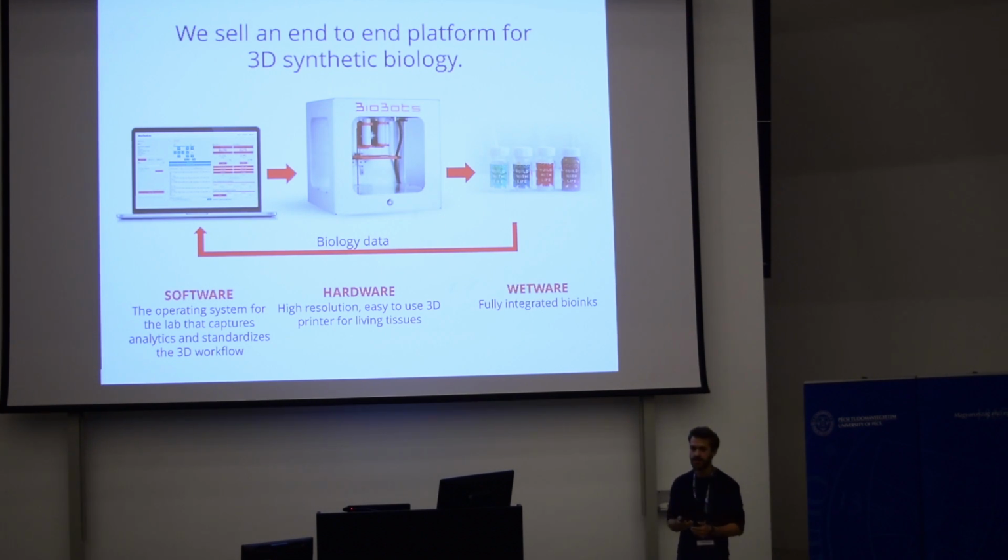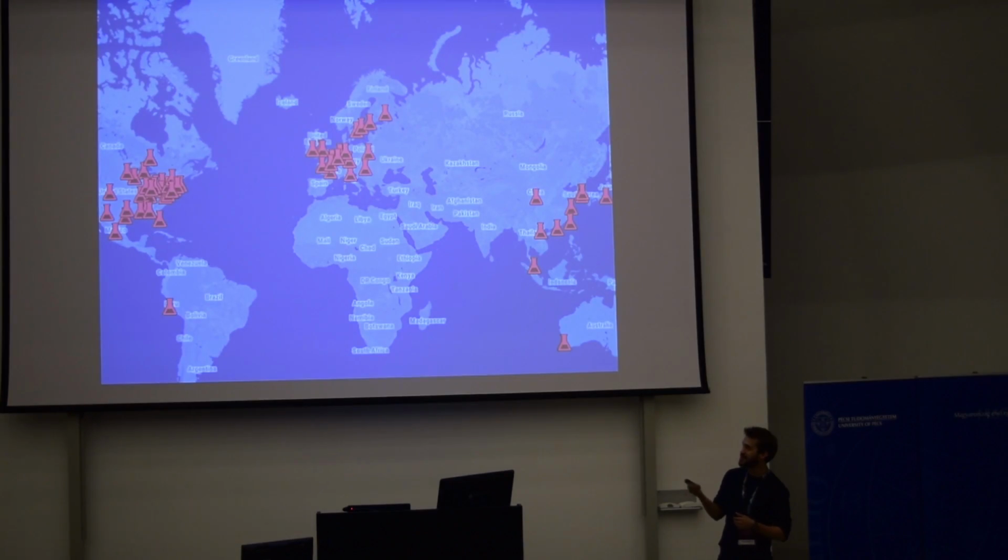And so today I wanted to, so then we have this platform, and we sold our platform to over 100 researchers around the world. We have all these customers, and then I wanted to aggregate what these customers or users have been doing, and really present to you a bit of the state of the art of different bioprinting techniques.